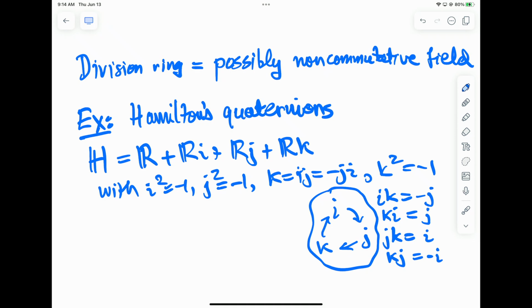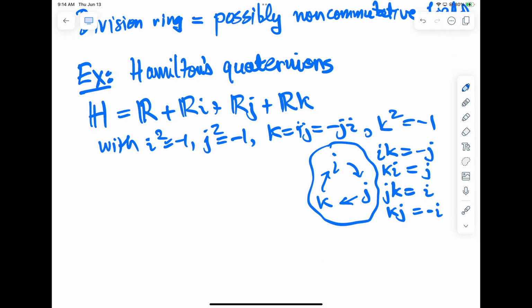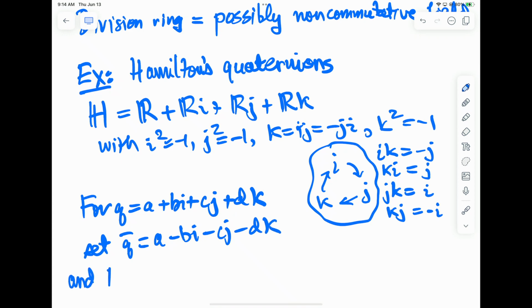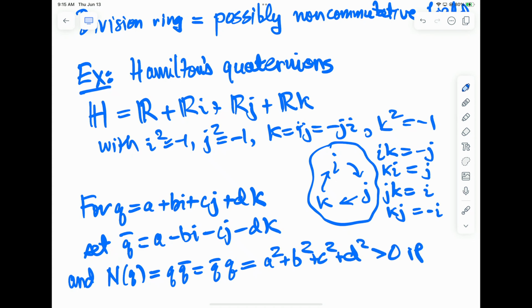Yeah. All right, so the important point here is that it's a ring, it's associative for multiplication, and so for any quaternion Q, a plus bi plus cj plus dk, where a, b, c, and d are real numbers, we set the conjugate of Q, a minus bi minus cj minus dk, and then we might even set the norm to be the product, which in fact, although the ring is generally non-commutative, i and j don't commute, Q and its conjugate do commute, the product is the real number, a squared plus b squared plus c squared plus d squared, which of course is positive if Q is not 0.